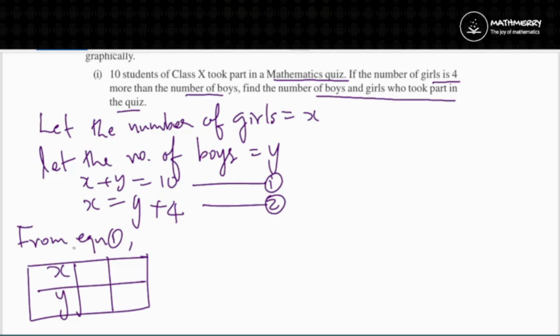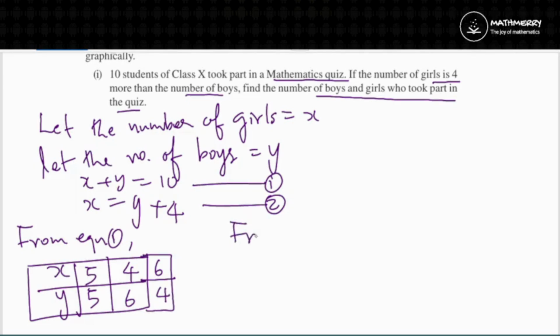What if I take x as 5? Y will also be 5. What if I take x as 4? Y will be 6. And if I take x as 6, y will be 4. So these can be the points.